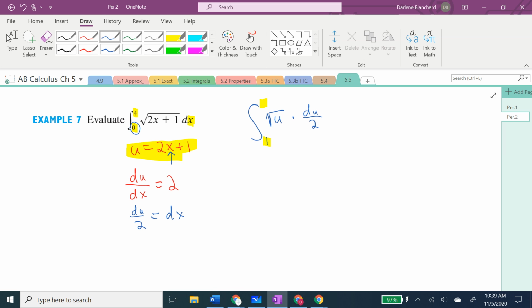Just know that you keep it as a lower limit if it came from a lower limit. Then, if I substitute into the x this 4, what does that make u become? 9.